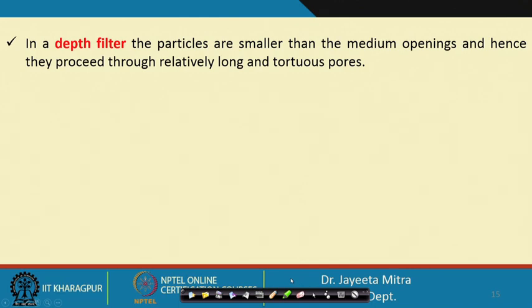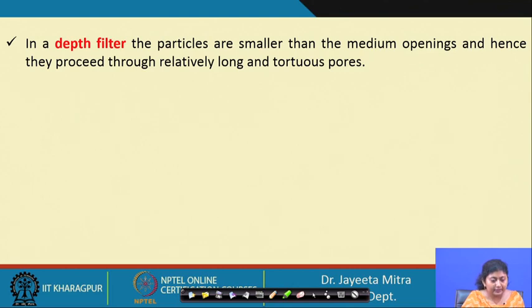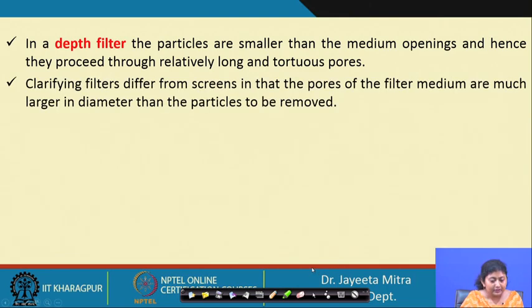So, in a depth filter, the particles are smaller than the medium opening, and hence they proceed through the relatively long and tortuous pores. That we have seen in the clarifying filter case, and they differ from the screen in that the pores of the filter medium are much larger in diameter than the particle to be removed.